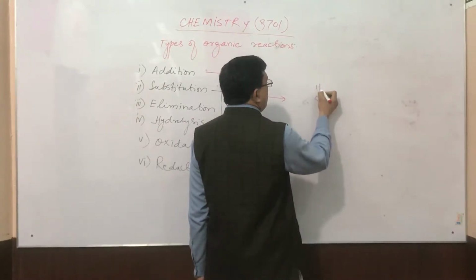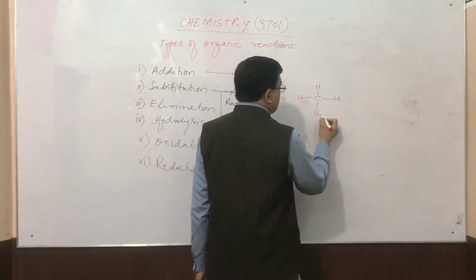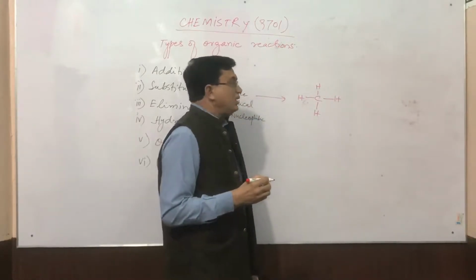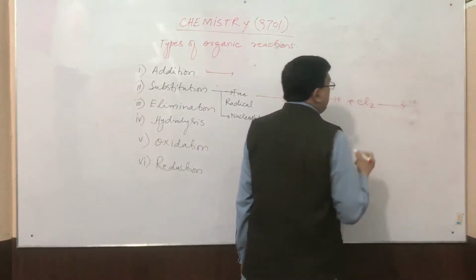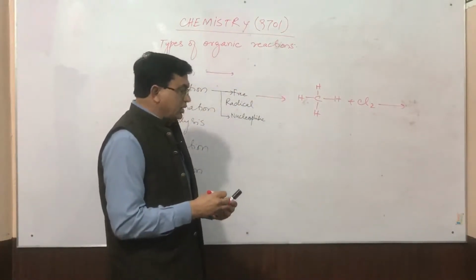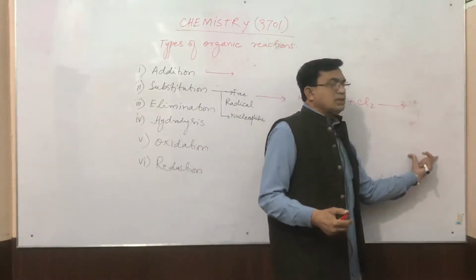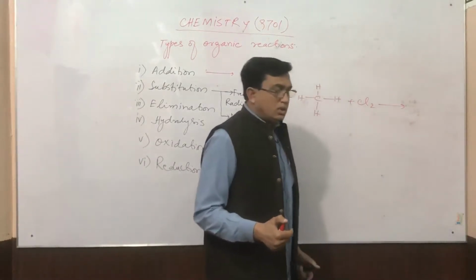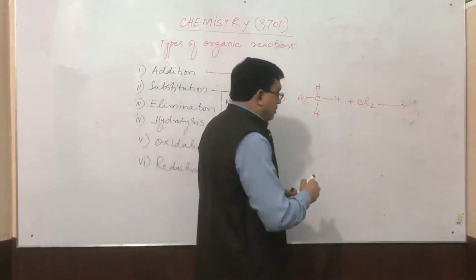For example, we have already discussed the free radical substitution of methane with chlorine. In multiple steps, we get a variety of compounds, and the product is obtained as a mixture of many organic molecules.